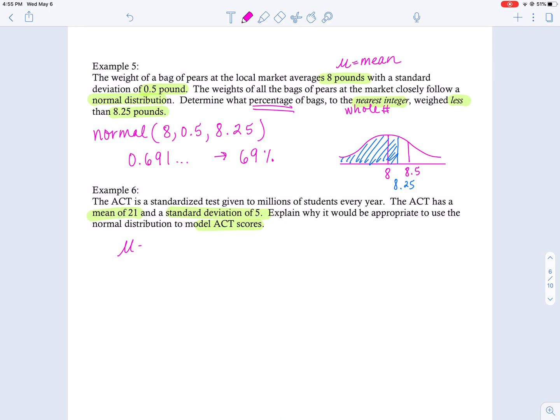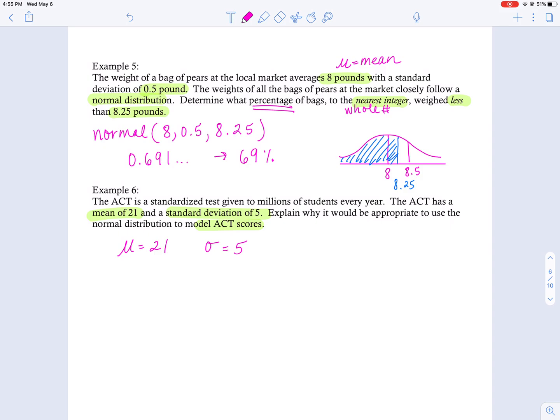Well, the ACT is taken by many students, and a standardized test is a good model for a normal distribution, right? Standard exams given to a very large number of people are usually modeled by a normal distribution.